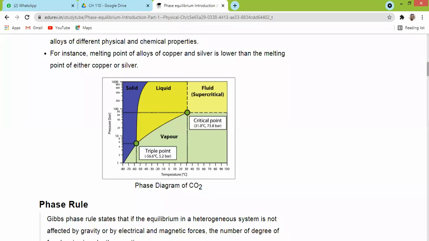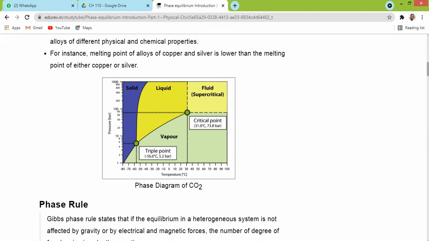Beyond the critical point, the fluid you get is a supercritical fluid. So a supercritical fluid is a fluid that cannot be compressed into a liquid. It just remains in that state there. That is what this particular point is.